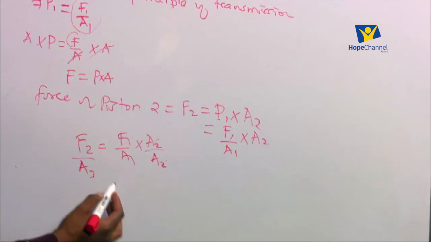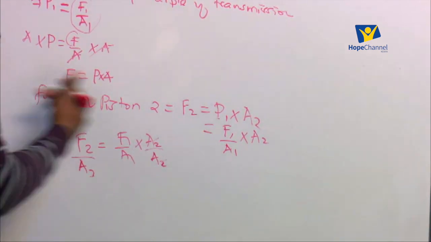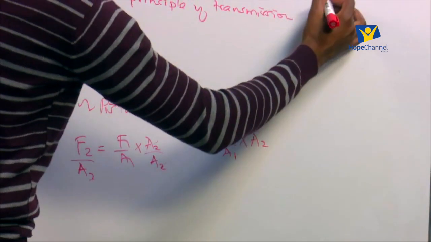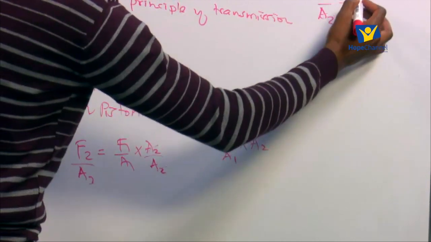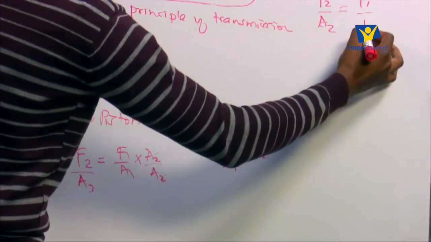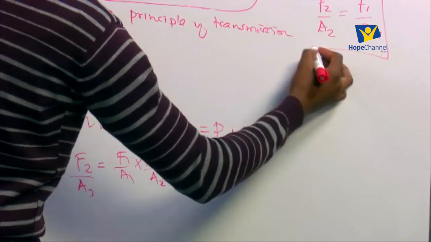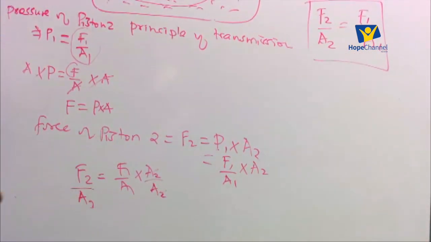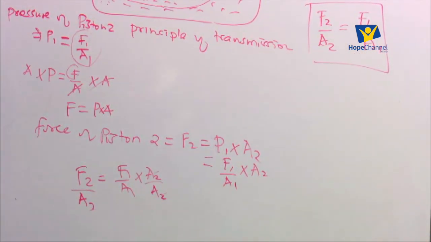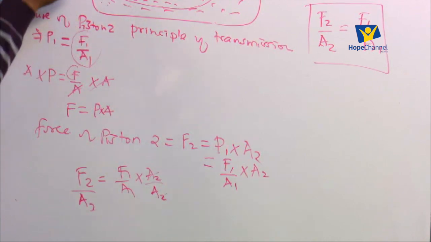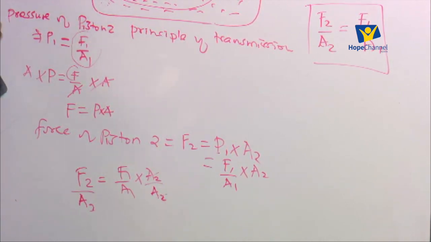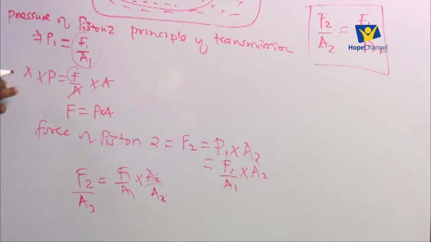We will end up getting the expression that F2 divided by A2 is equal to F1 divided by A1. So that is what we call the principle of transmission of pressure in mathematical form in hydraulic machines, in the hydraulic lift, and even in the other hydraulic machines.